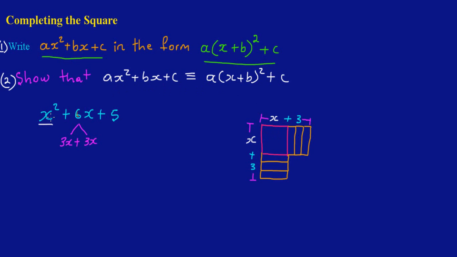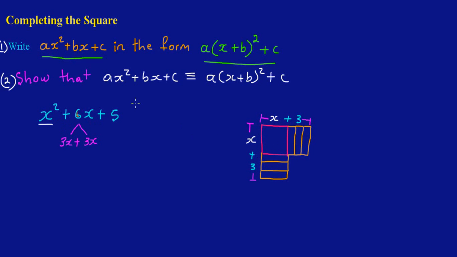Now I've taken my x squared, the pink square where both sides are length x, and then I have divided my b into 2. I've taken half of it and distributed 3 here and 3 here.